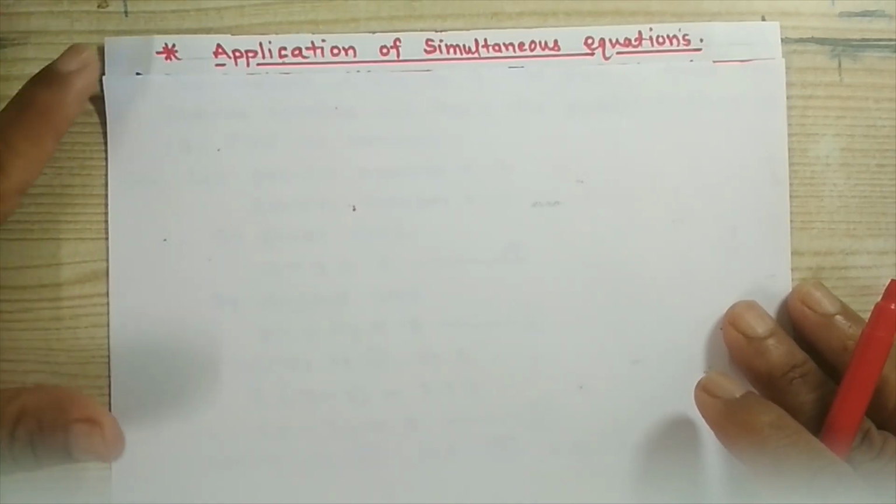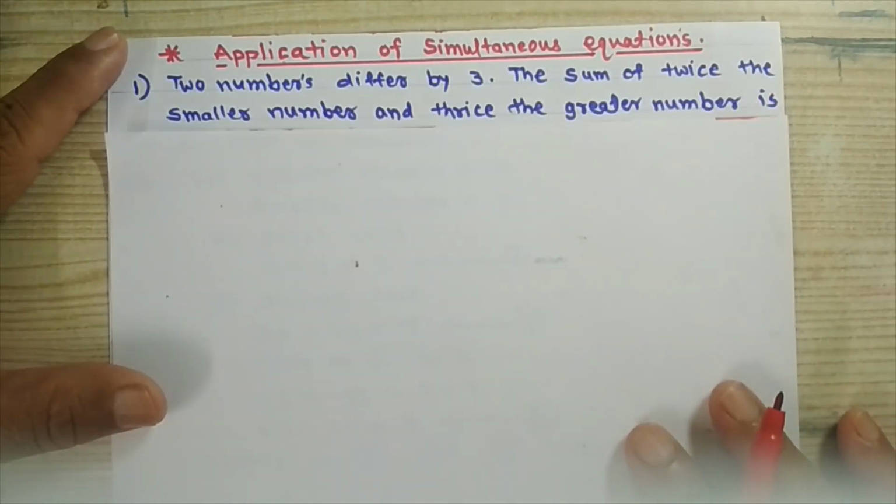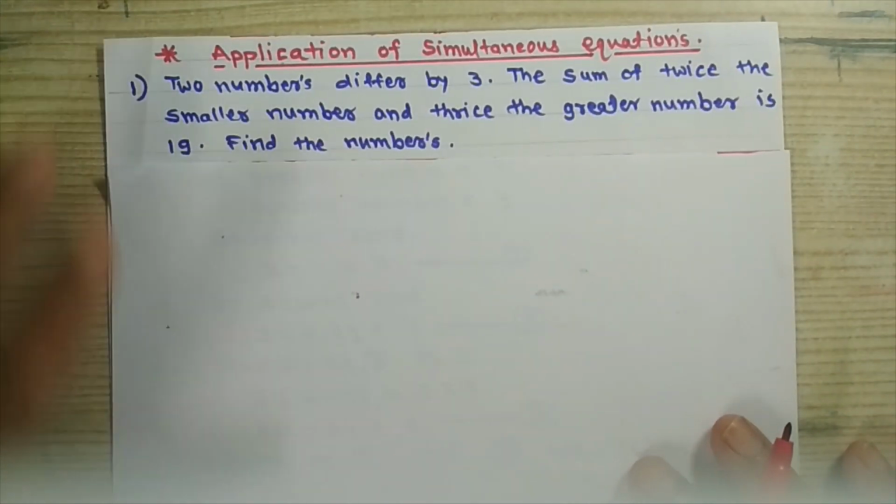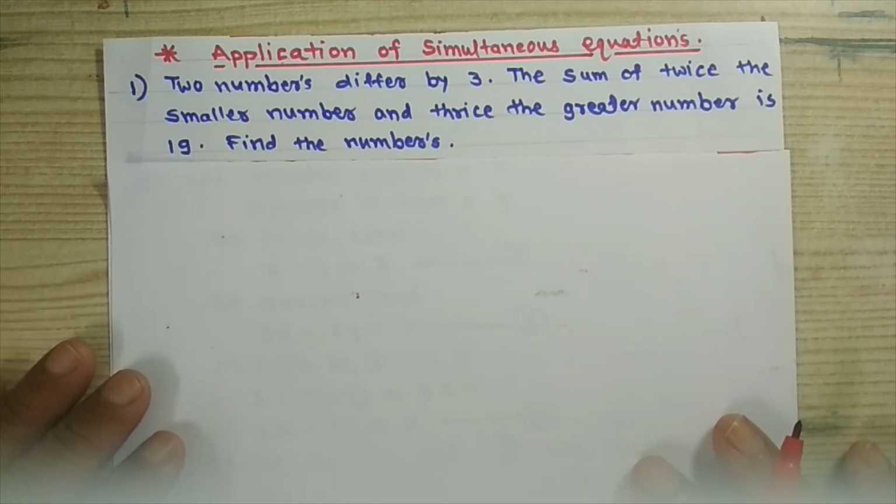We take one example from this. Two numbers differ by 3, and the sum of twice the smaller number and thrice the greater number is 19. Find the numbers.